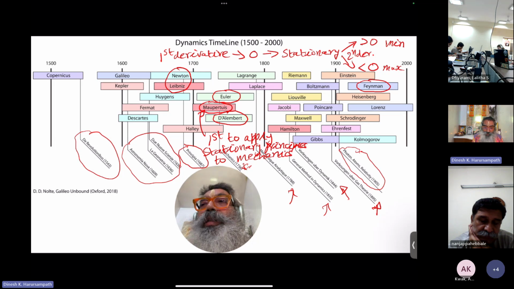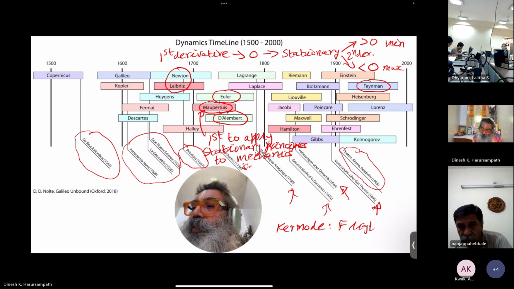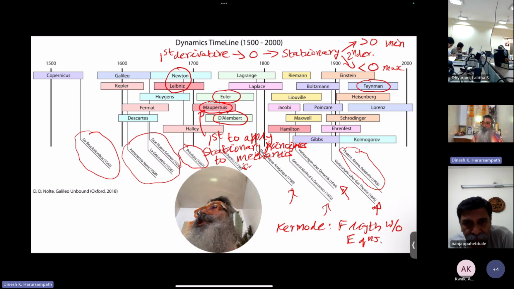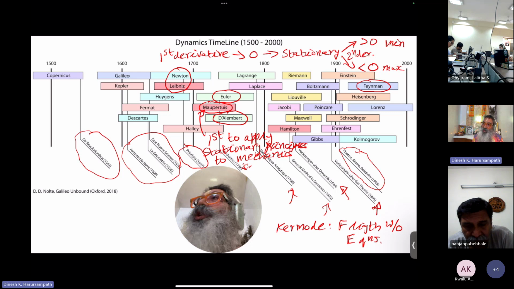In this context, I think some of you might be aware of a book by Kermode, Flight Without Equations. This is a very interesting book, especially if you are trying to explain what you understand of flight and aerospace engineering to people who do not have a very rigorous scientific or mathematical background in particular.